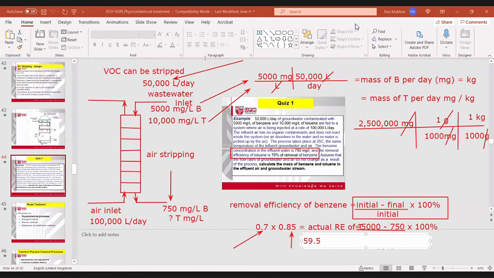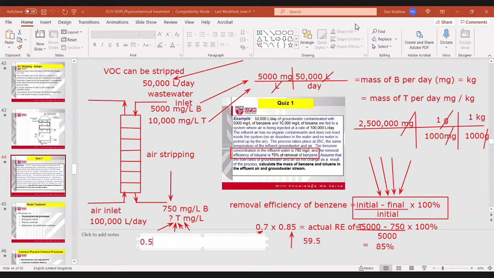Now, using back this formula here, initial minus final over initial, you can calculate how much toluene is actually down here. How? The removal efficiency is 59.5%, so I put that over 100.